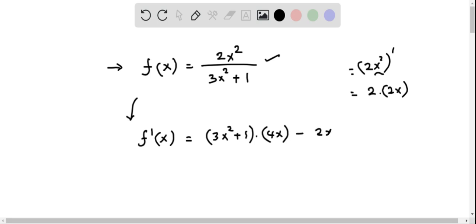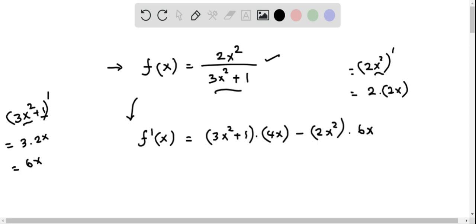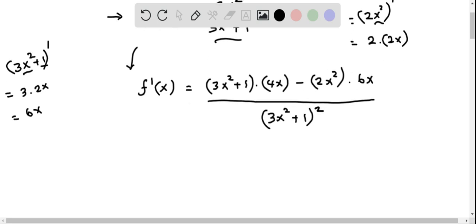Now we put the numerator expression, that is 2x squared, multiply with the derivative of 3x squared plus 1, and this equals 3 times the derivative of x squared, which is 2x, and the derivative of 1, which is a constant, is 0, so it is 6x. So I put 6x here, and this is over the square of the denominator expression, that is 3x squared plus 1 quantity squared.